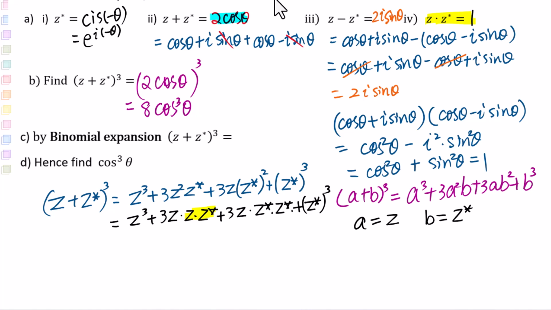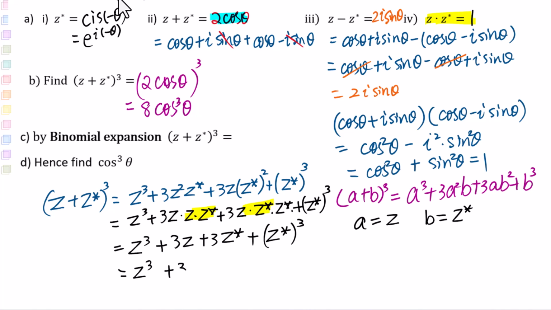This equals 1, and this equals 1. So we get z to the third power plus 3z plus 3z star plus z star to the third power, which equals z to the third power plus 3 times z plus z star plus z star to the third power.